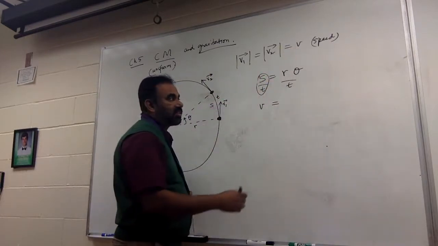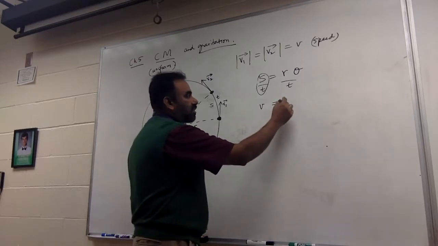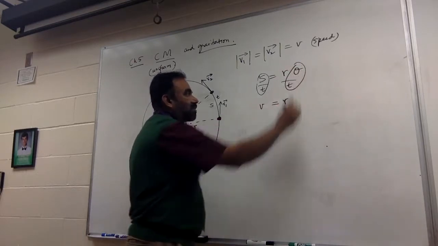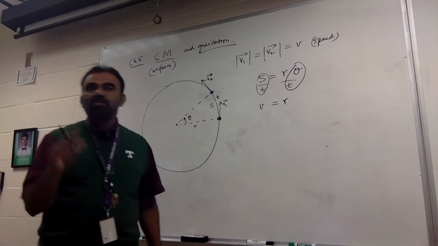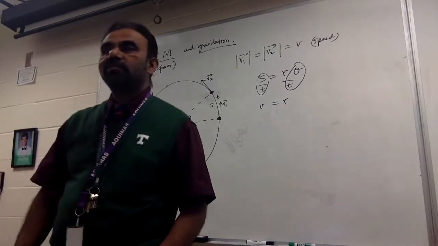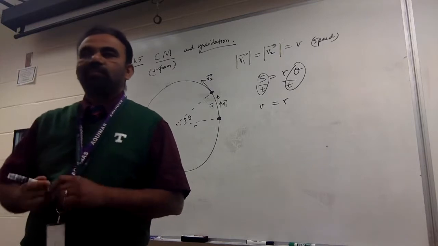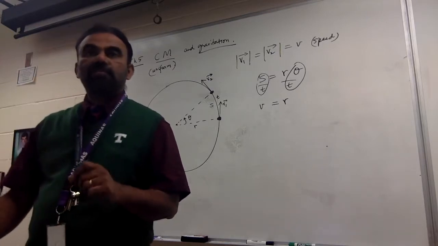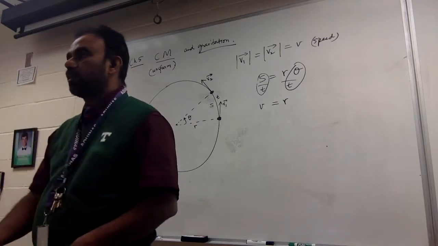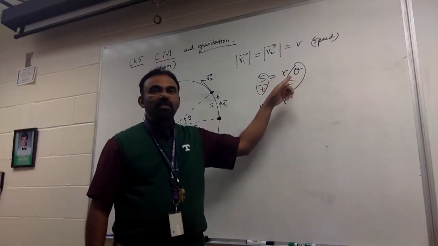Radius is a constant. So radius stays constant. And then comes this, theta over t. What is theta? Angular displacement. Theta is angular displacement. Now, what is the angular displacement divided by time?